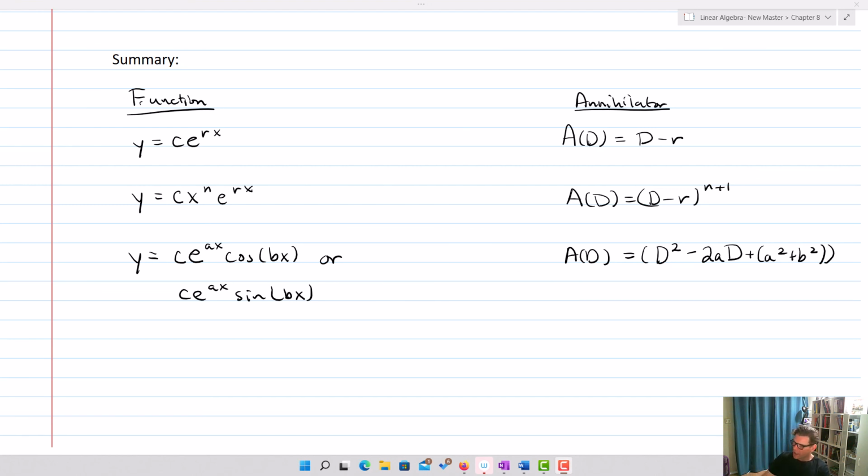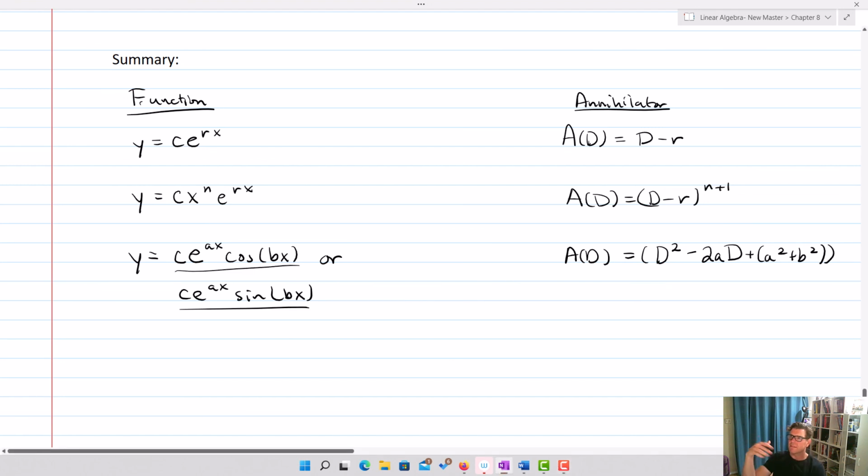In addition to that, don't forget that with the cosine and sine, we can also raise them to powers, right? If we happen to be adding in a power of x in front of the equation.